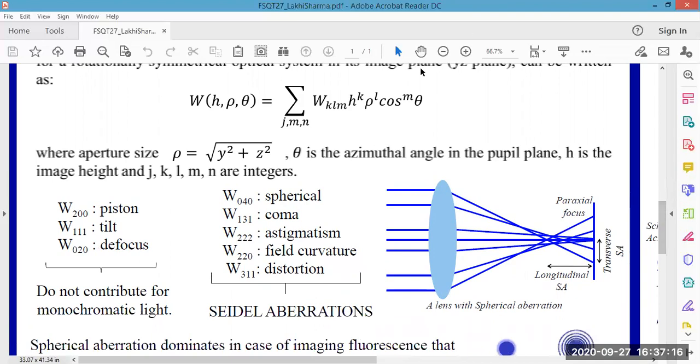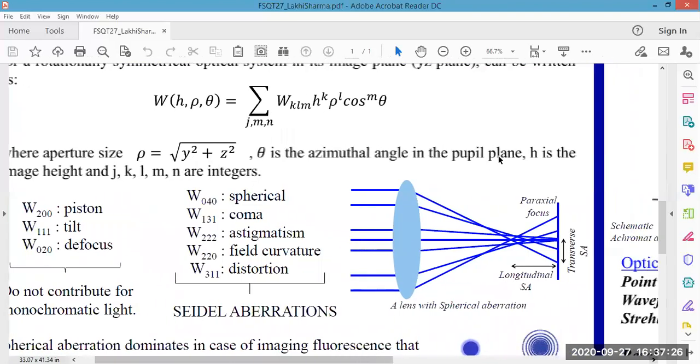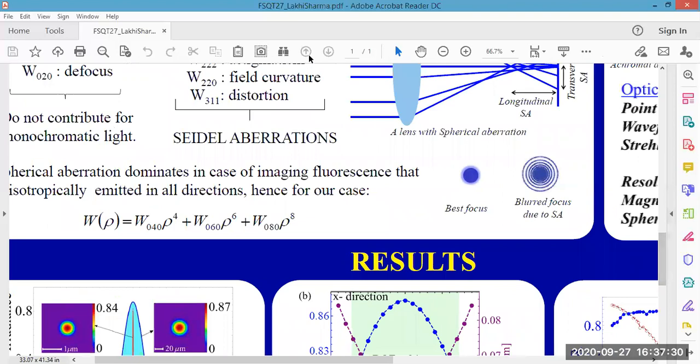We are interested in the monochromatic aberrations, specifically spherical aberration, because ours is the case of a point source. This spherical aberration mainly arises due to variation of the focus with aperture, and considering it, the equation finally reduces to this form.